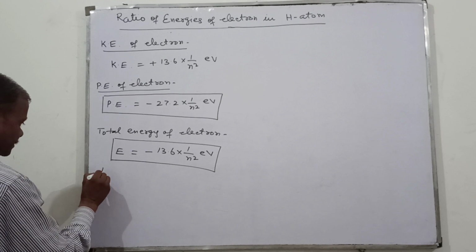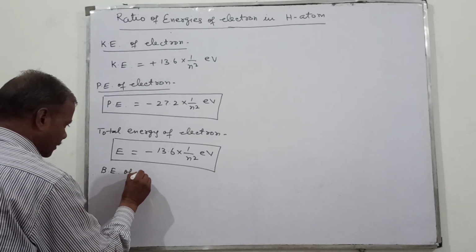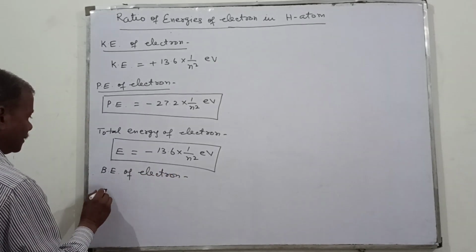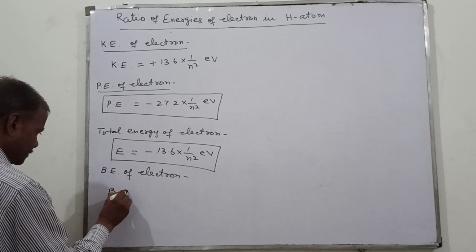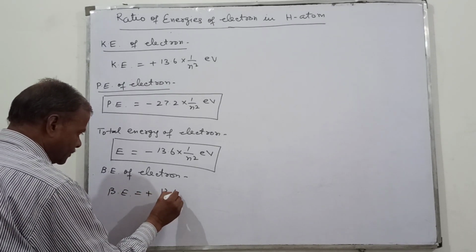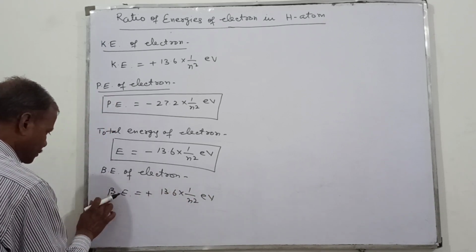The binding energy of the electron is equal to plus 13.6 into 1 upon n square electron volt.